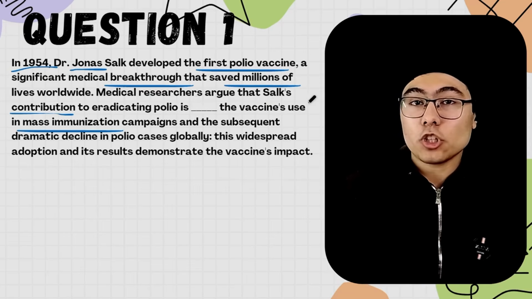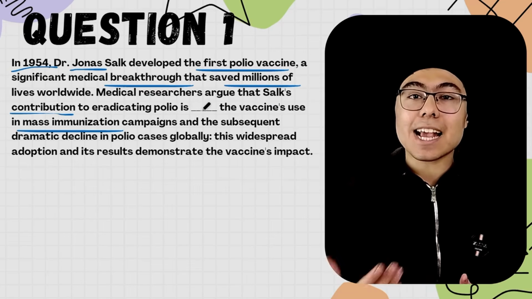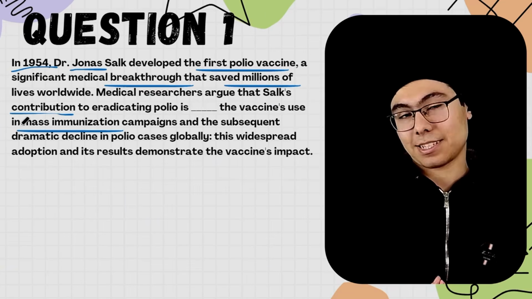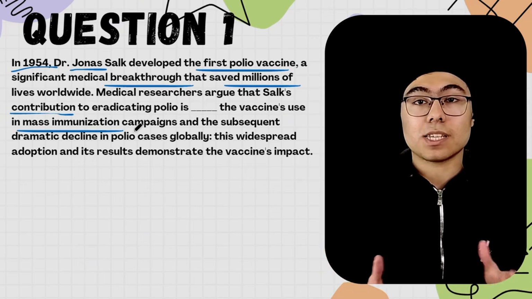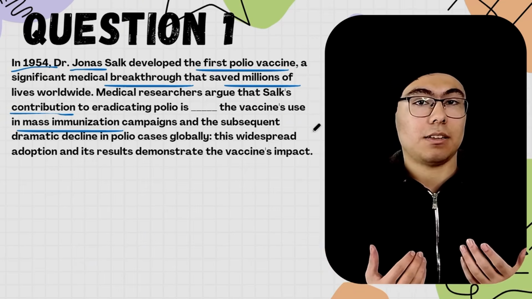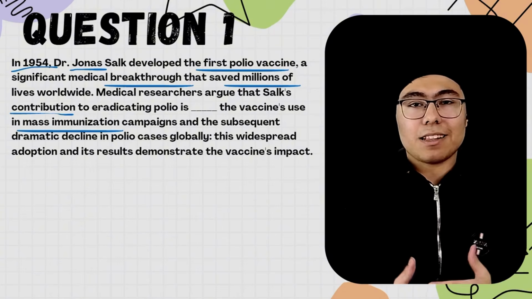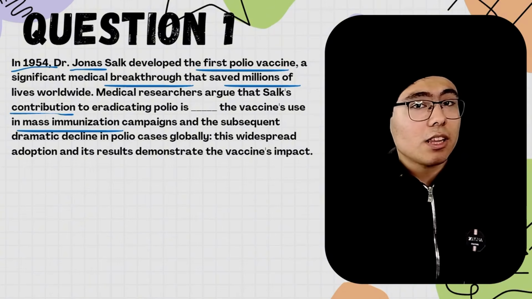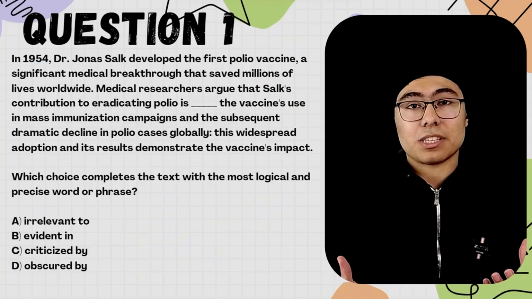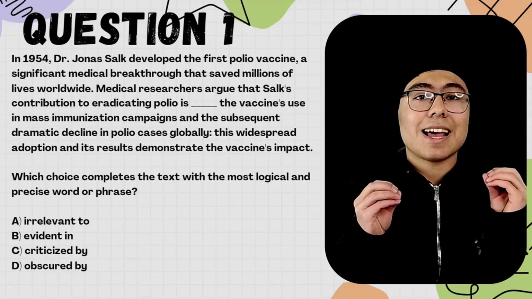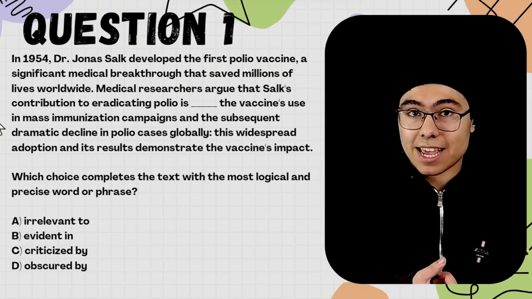And his contribution is obviously connected to this massive success. Now, before even looking at the answer choices, I want you to ask yourself, is Salk's contribution irrelevant, criticized, or hidden? Think about this. No, it's clear as day.